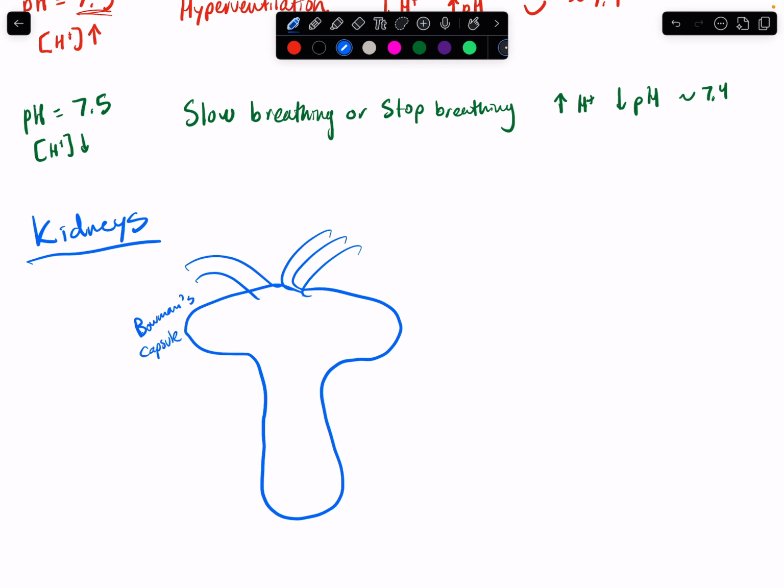And what the Bowman's capsule does is it filters all of the bicarbonate in your blood. All of the bicarbonate in your blood passes through here, and it's filtered through the Bowman's capsule.